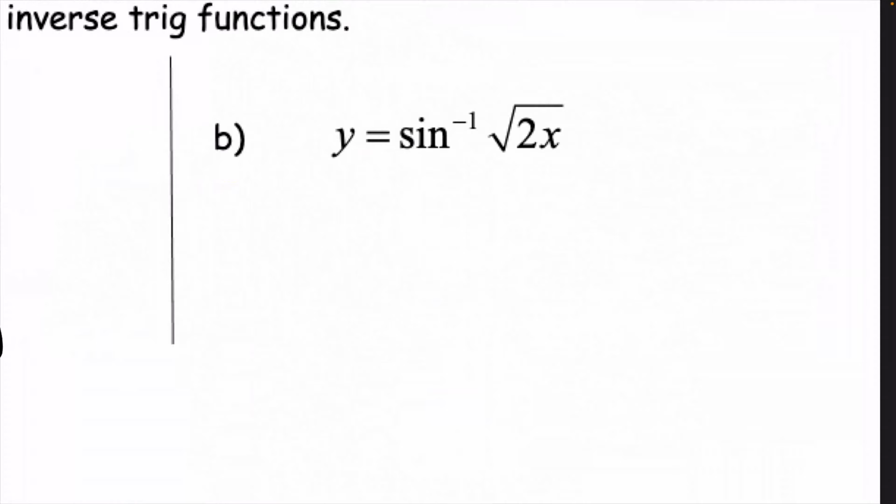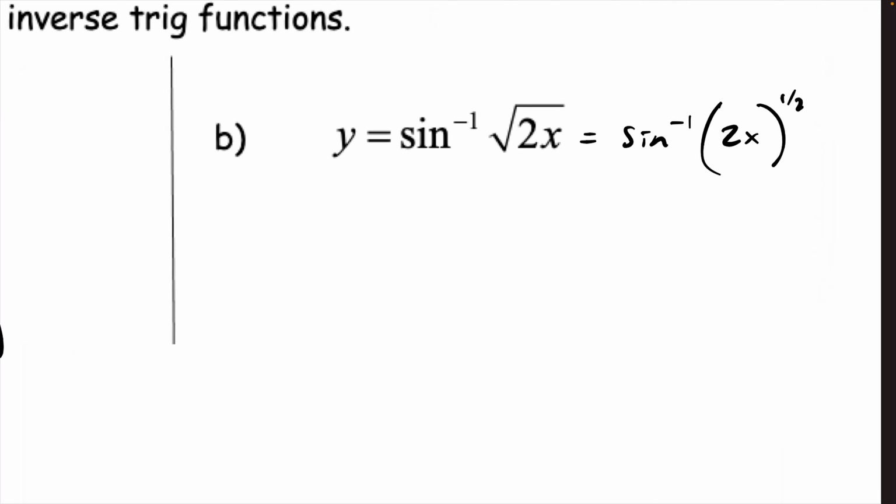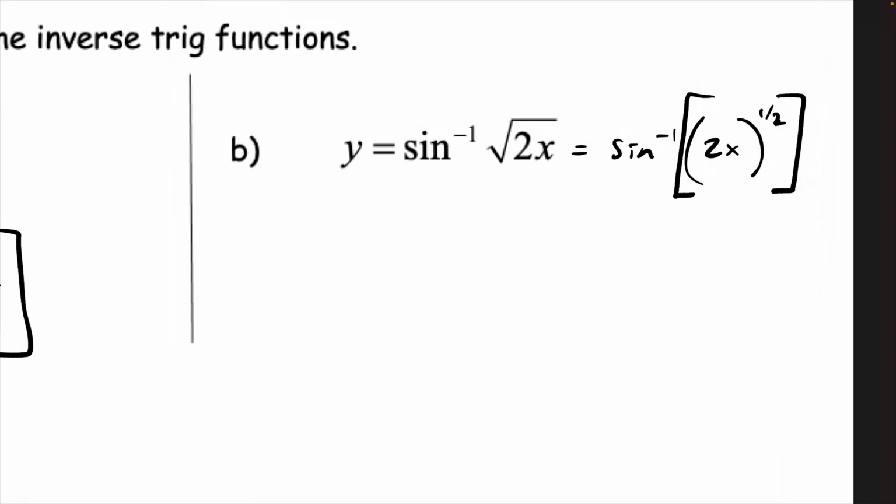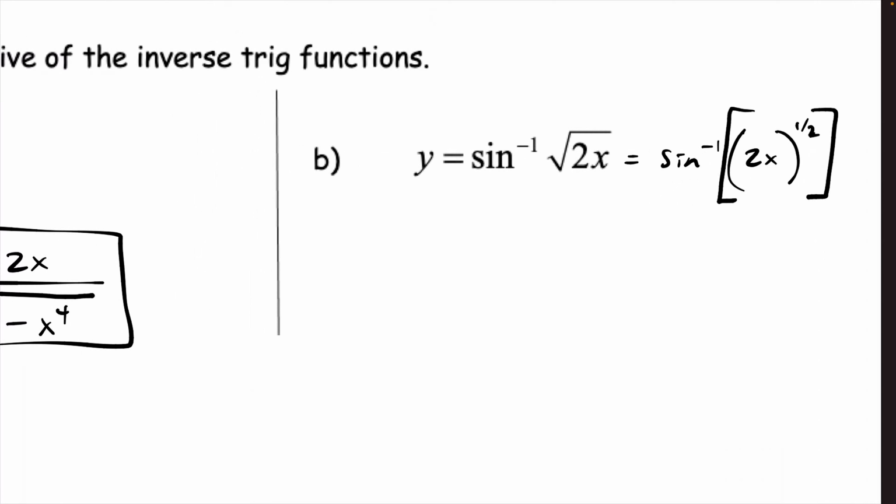Okay, the next one, inverse sine. First thing we're going to do is rewrite it, just like we always do. So u is now this guy, because they didn't put parentheses, but essentially that's what parentheses were.